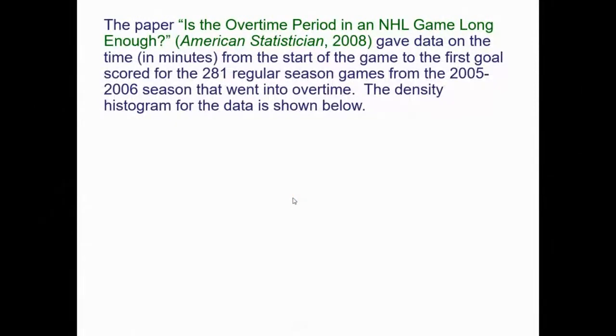So there's this paper that asks, is the overtime period in an NHL game long enough? And it gave data on the time in minutes from the start of the game to the first goal scored for 281 regular season games from the 2005 to 2006 season that went into overtime.